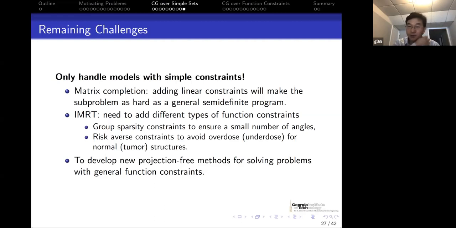So existing conditional gradient method cannot be used to solve problems with this type of constraint, either linear or function constraint. That inspires us to develop some new projection-free methods for solving problems with general function constraints, okay?